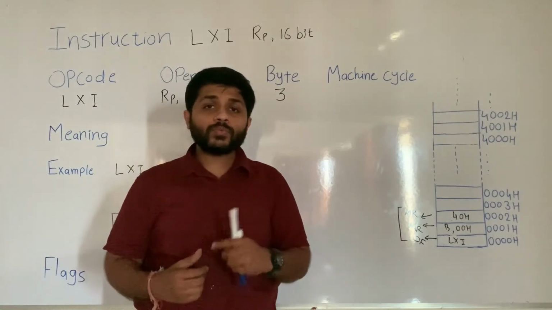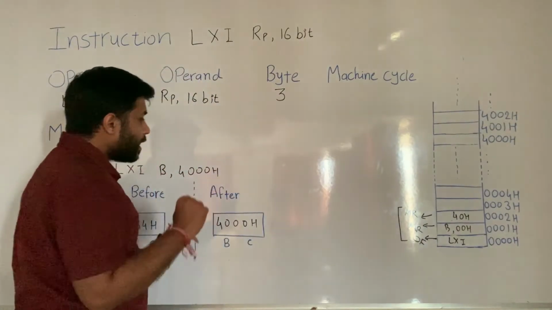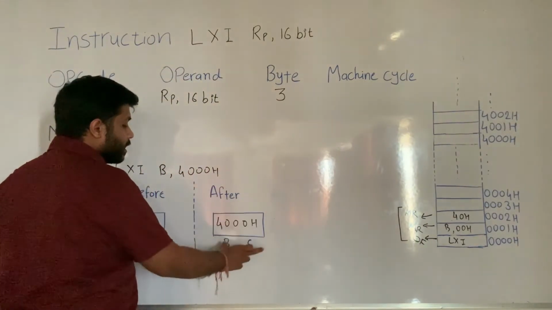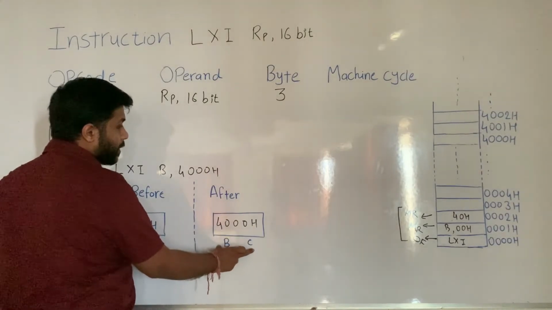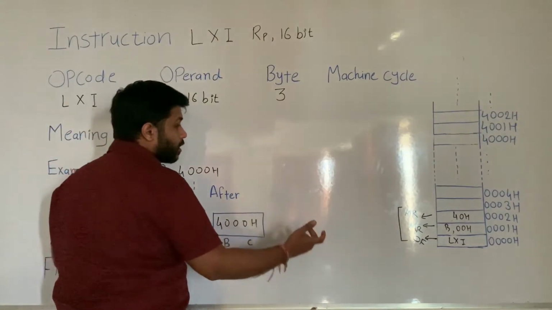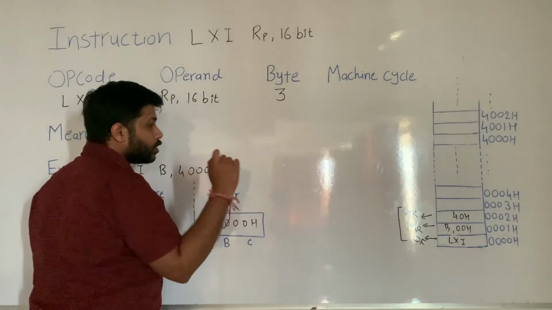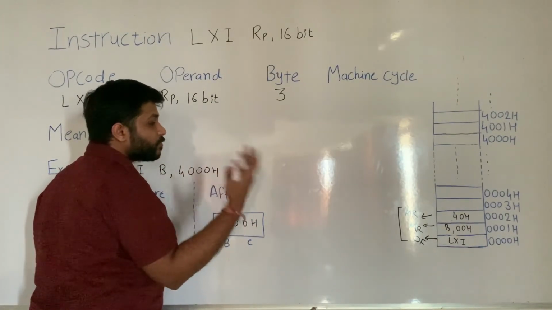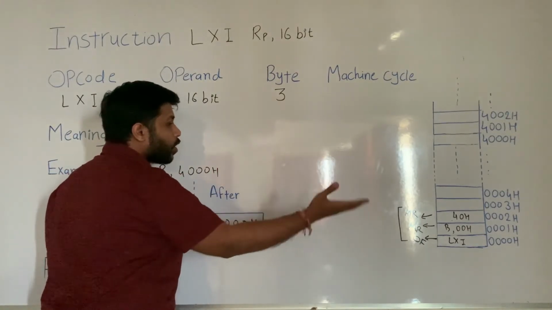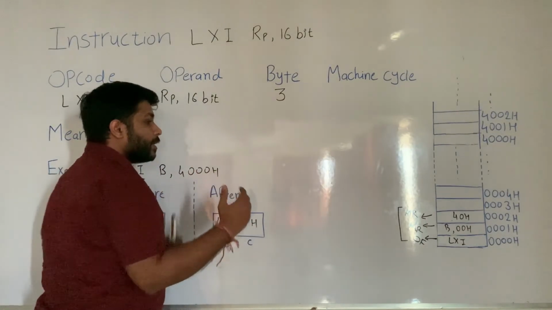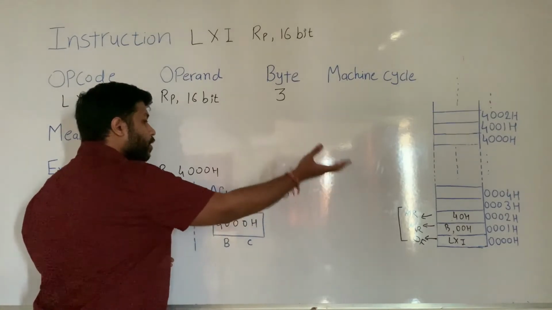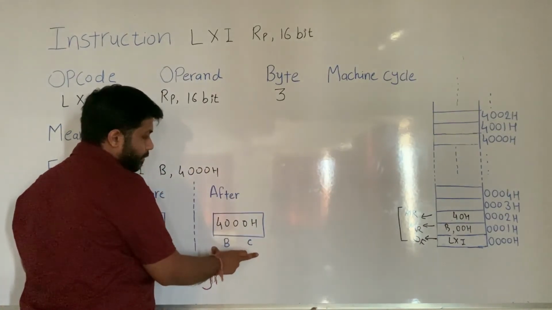Now while executing, the data is transferred into the BC pair. Which data? The data which was already read by the microprocessor during the instruction fetch. So 4000H is already read, and during the execution, it will be transferred to the BC pair.